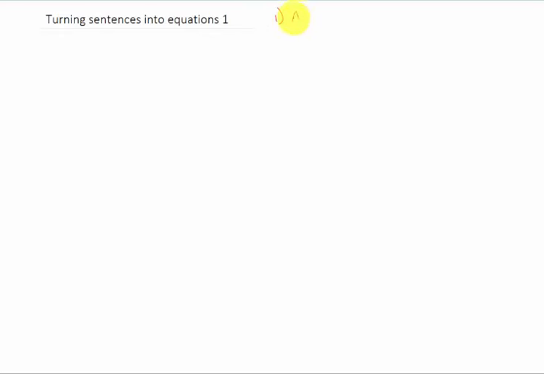First of all, you assign variables, so letters, meaningful letters, to the different values you're interested in.